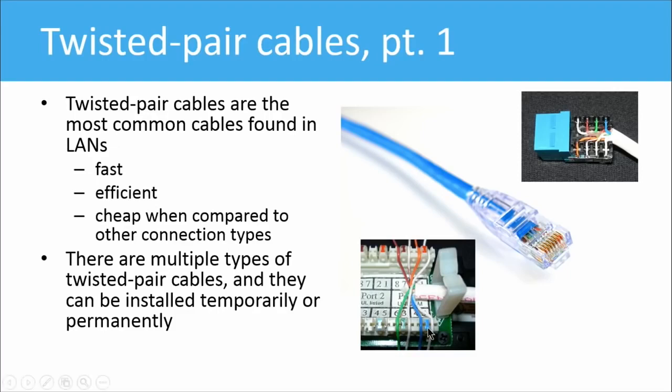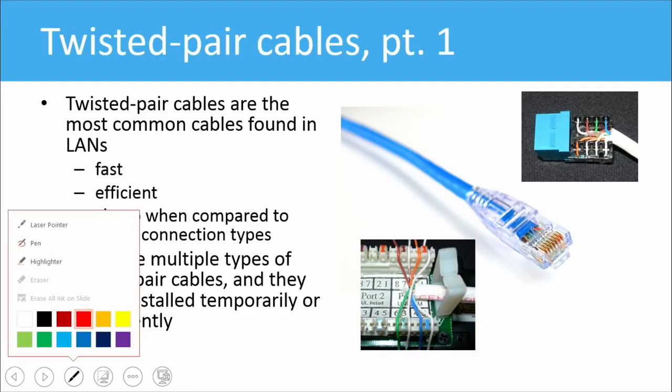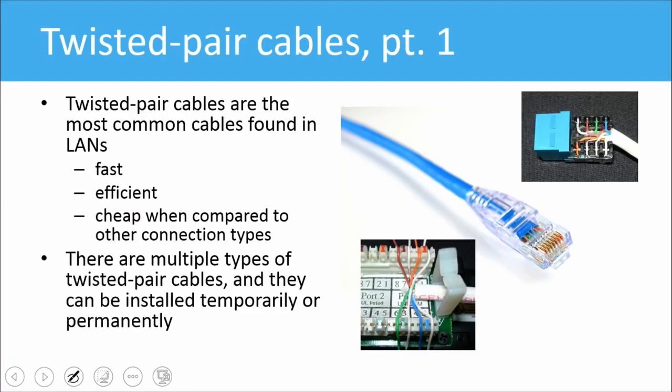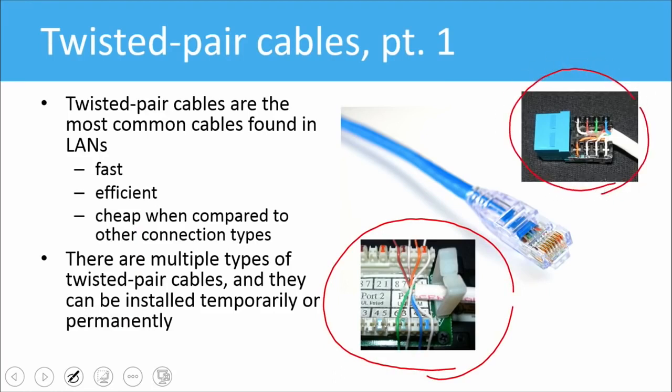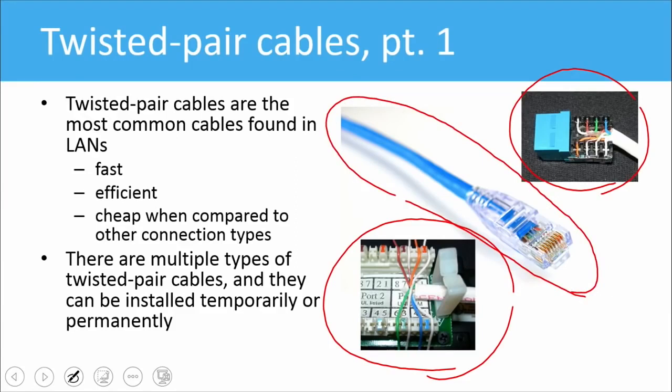If you take a look here down on the bottom right of the screen, we have a patch panel there, and you have a port being terminated up in the top right of the screen. Those are two permanent installations of twisted pair cables. And here you have something called a patch cable, which we typically refer to as an Ethernet cable.